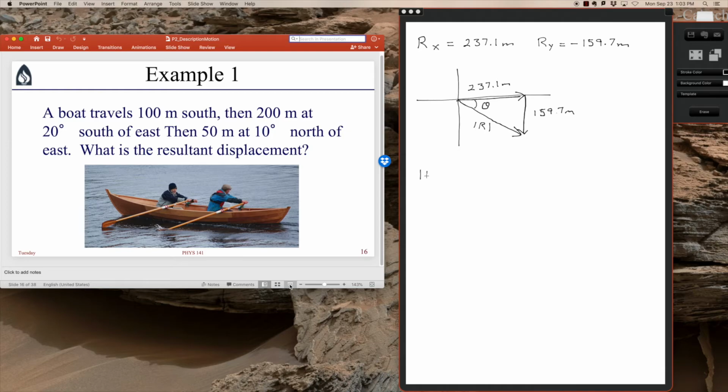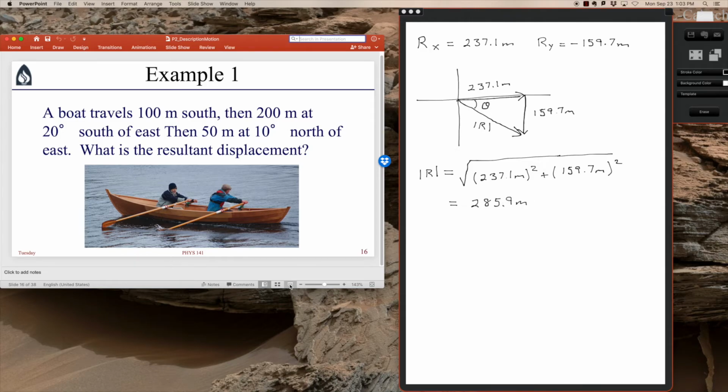To find the length, I can use the Pythagorean theorem, and the resultant will be equal to the square root of the x component, 237.1 meters squared, plus the length of the y component, 159.7 meters squared. I take the square root of that, and I get a value of 285.9 meters. So that's the length of my resultant vector.